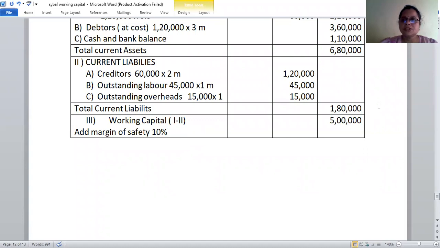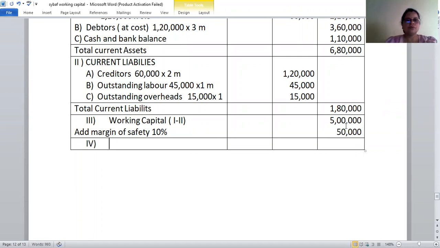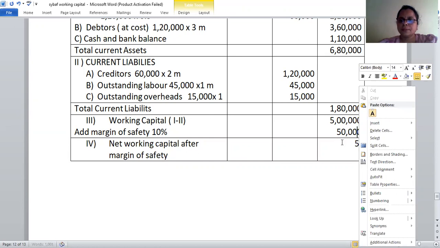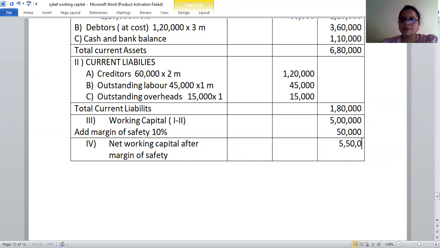Margin of safety is 10% of 5 lakh, that is equal to 50,000. So what will be our net working capital? Here we have to write the name: net working capital after margin of safety is 5,50,000.